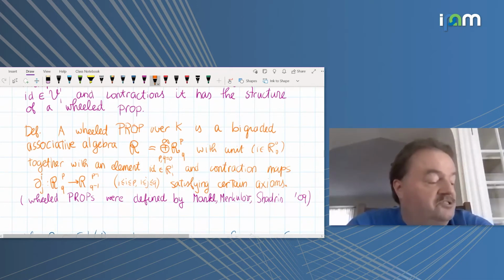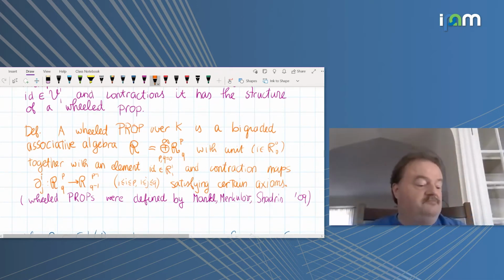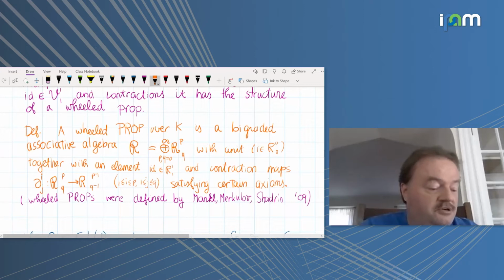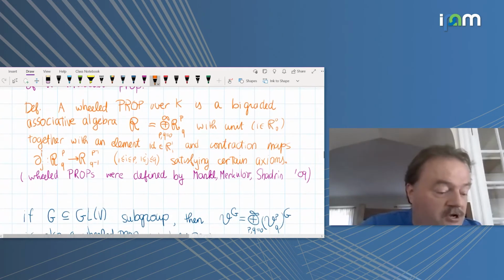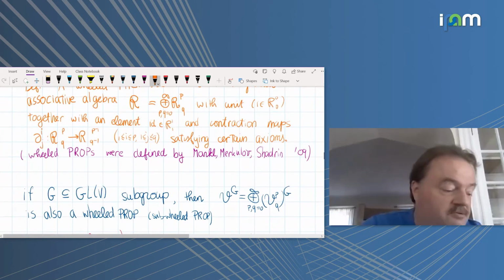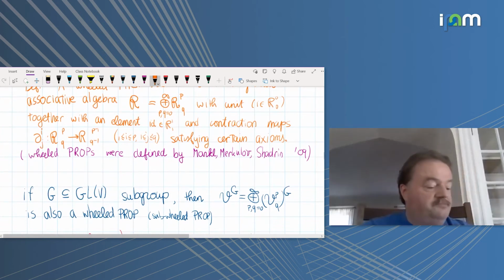And these contractions and these things should all satisfy certain axioms. So this is somewhat like an abstraction of looking at tensors. It captures the structure of tensors where you consider contractions and tensor products, etc.